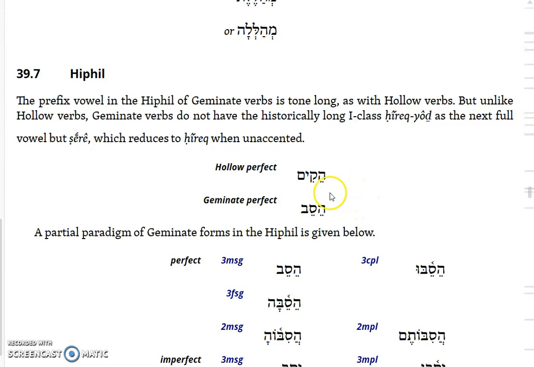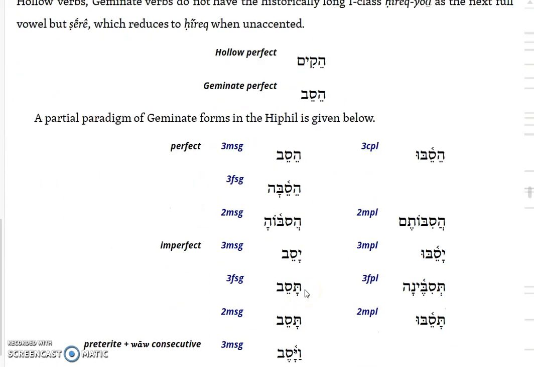So a hollow verb like kum would be heqim, but the geminate perfect would be hesev. Again, no hireq yod. Here he gives you a partial paradigm of geminate forms in the hiphil, hesev and hesebba. Again, certain forms will double that bet, indicating that the real root is samekh bet bet.